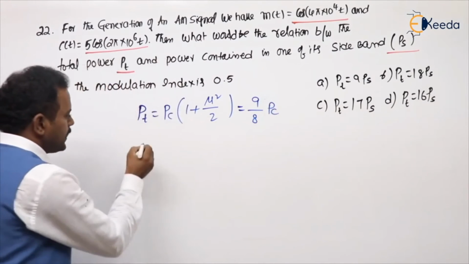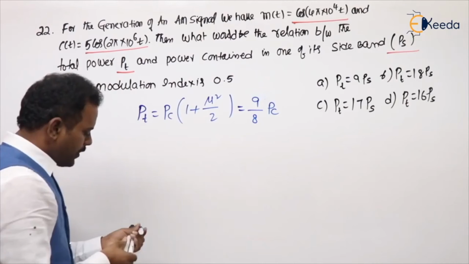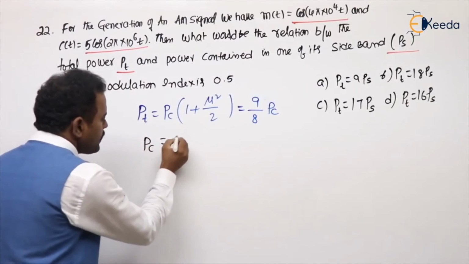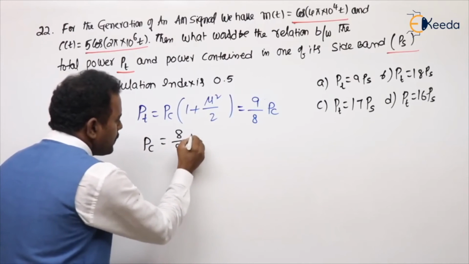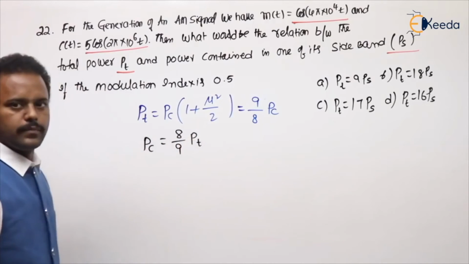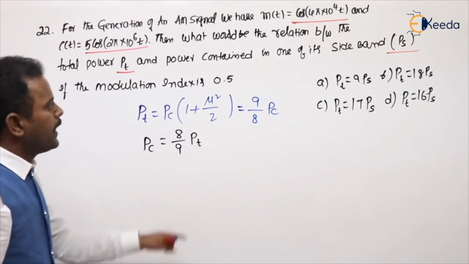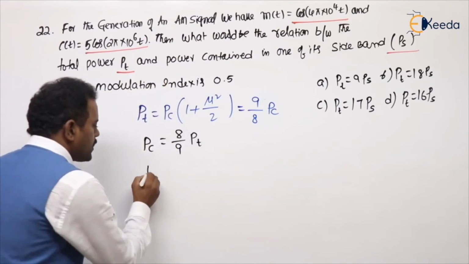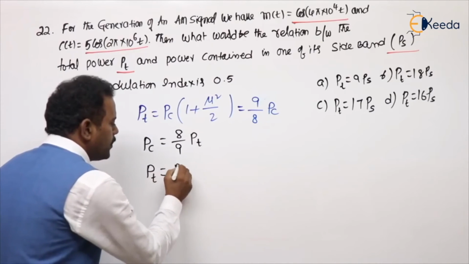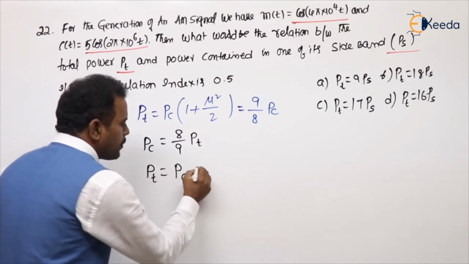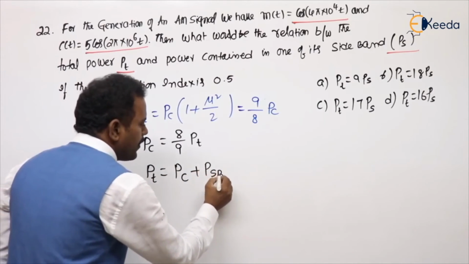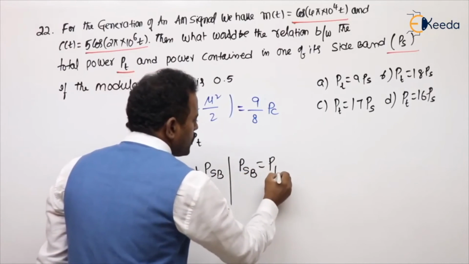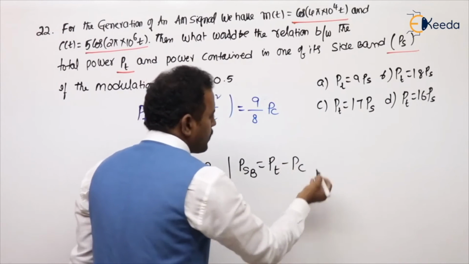Then what is the PC value, sir? PC value equal to 8 by 9 PT. Are you following my point or not? He is asking the relation between PT and PS. What is the total power PT equal to? The carrier power plus sideband power. So I can say sideband power equals total power minus carrier power.